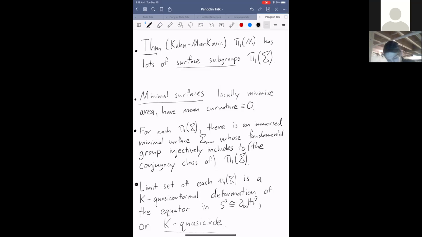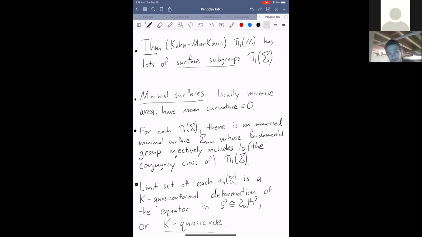Right, and so to combine the last 2 bullets, for each surface subgroup pi1 of sigma, you can realize it by an immersed minimal surface whose fundamental group includes the conjugacy class of the surface subgroup you started out with.